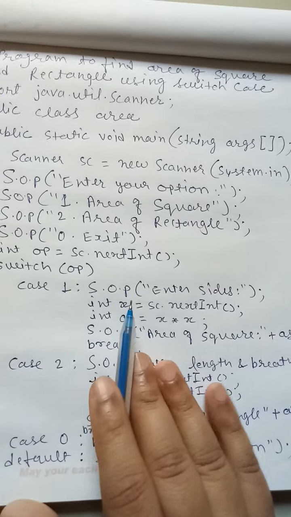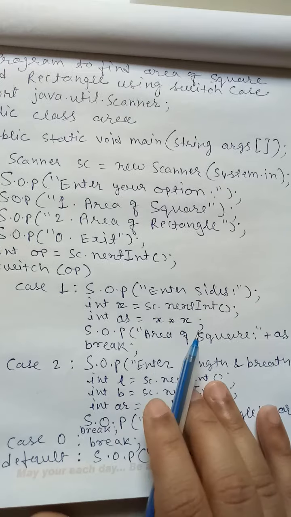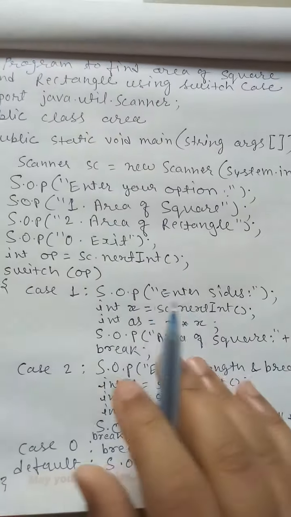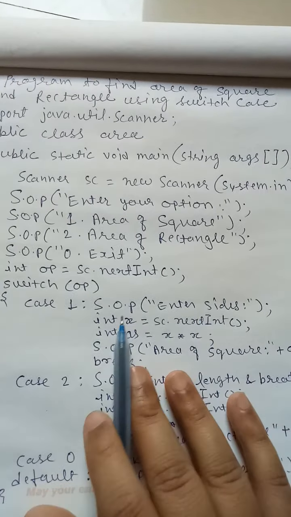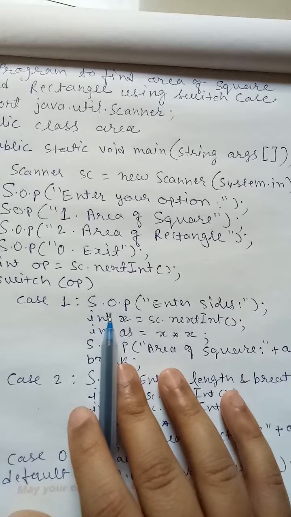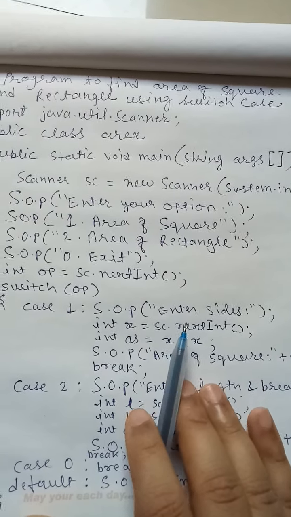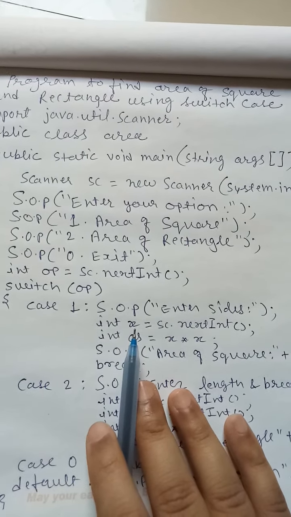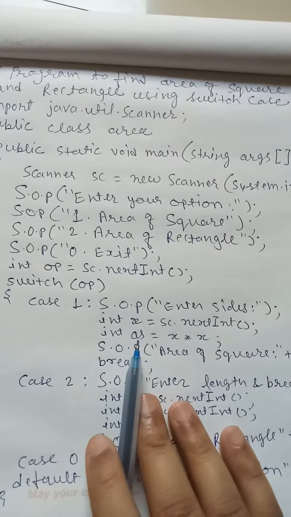You all know, to find the area of square our formula is side into side. So first of all you have to ask the user to enter the side. Here also I'm writing SOP System.out.println enter sides. मतलब when user will enter the side, I will store it into X. X is one more variable I am declaring with the integer data type, and then I'm applying the formula.